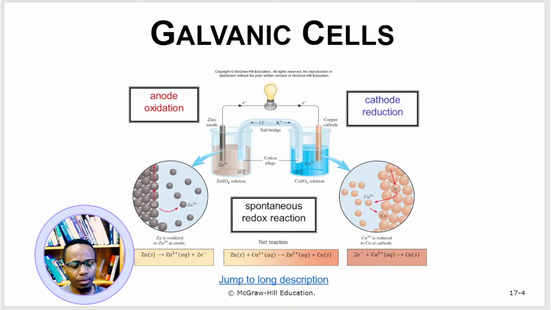So when it comes to half cells, we're going to need to know the potential. What is the potential between the two half cells? Now, you see where the light bulb is? You can put a voltmeter and measure the potential, but you can also calculate the potential, right?